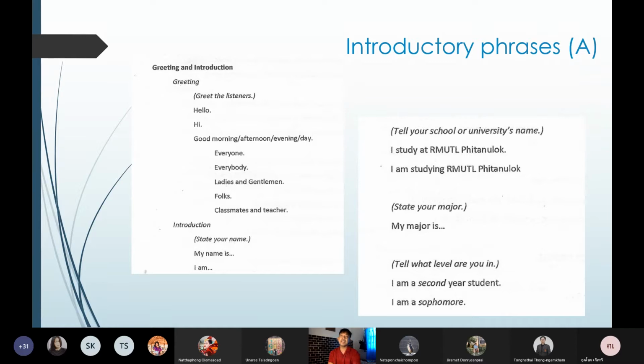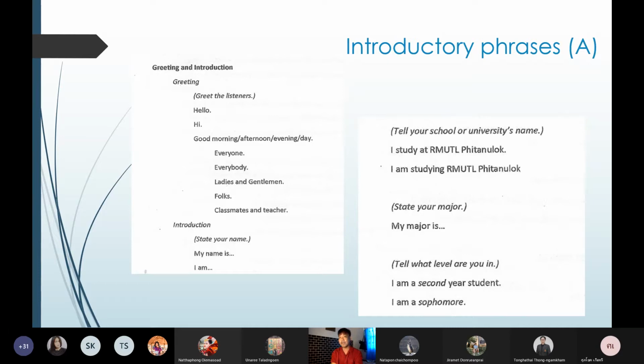Okay, then the introduction of yourself, state your name, and then if you have a position, like for us, we are teachers. For you, you are a student. You could say, I am a student or I study. So let me speak them out for you to practice at home or while you are listening.